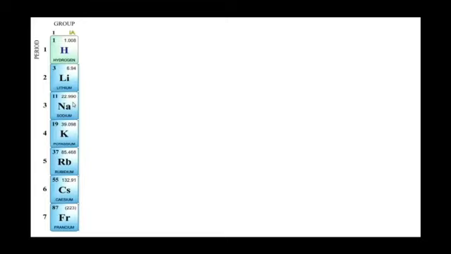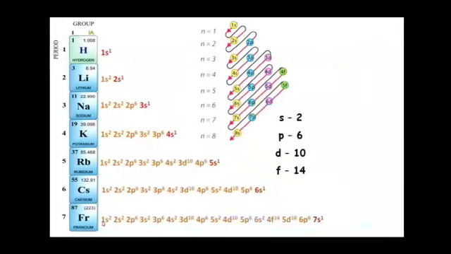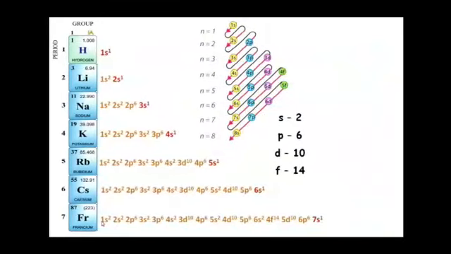Now let's take the first group, that is alkali metals. In alkali metals we have hydrogen, lithium, sodium, potassium, rubidium, cesium and francium. We have already learned how to write the electronic configuration. So, the electronic configuration of hydrogen is 1s1.